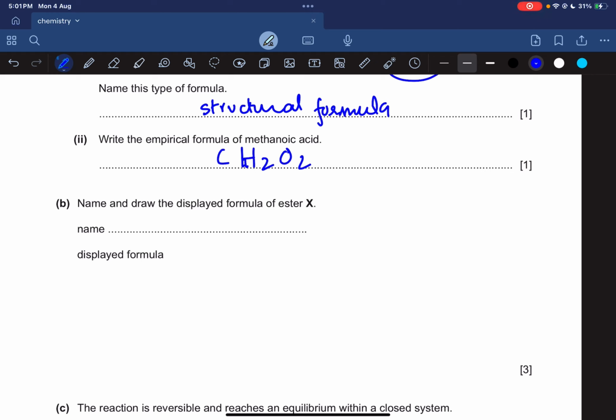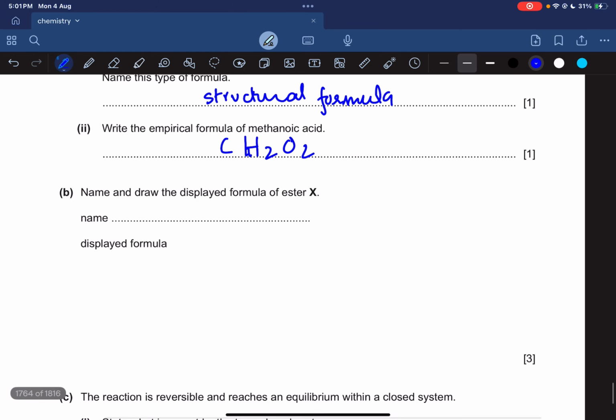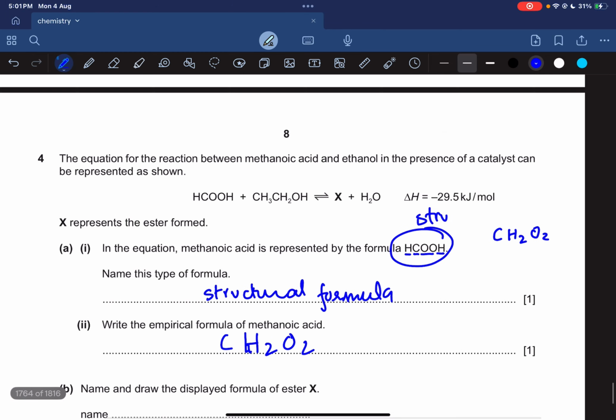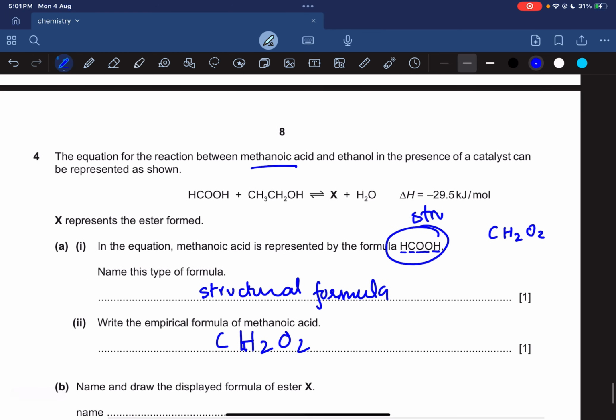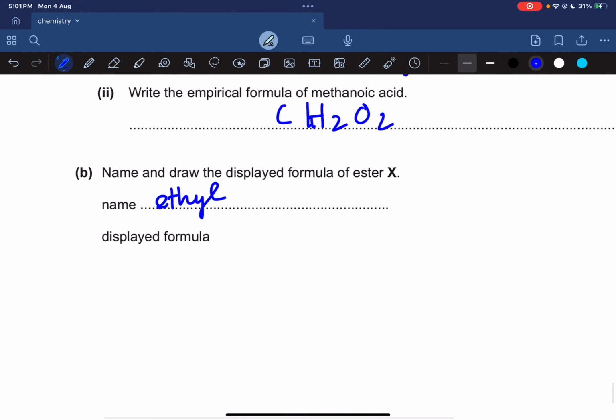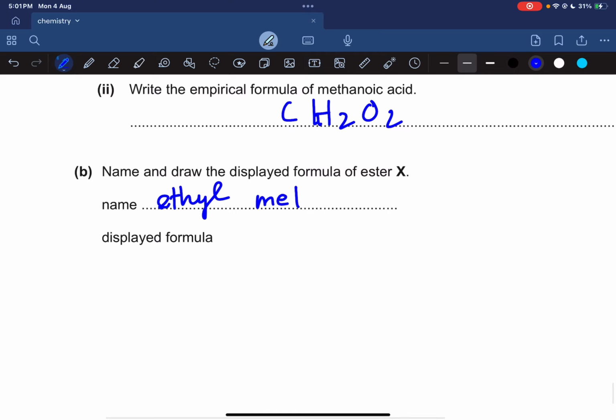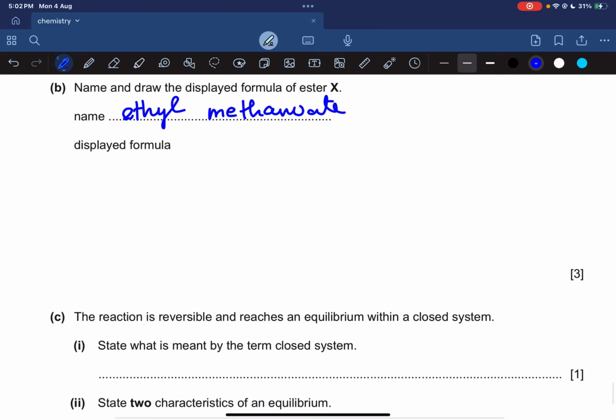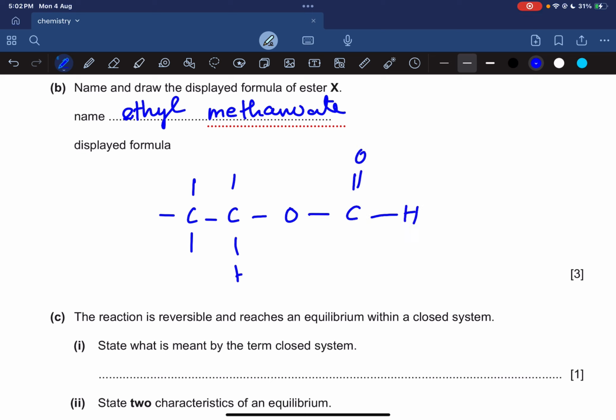Name and draw the displayed formula of ester X. Ester X was, what was it? We had methanoic acid and ethanol, so it had to be ethyl methanoate. Ethyl means that we have a 2 carbon alcohol part, something like this, and methanoate means that we have a 1 carbon acid part.